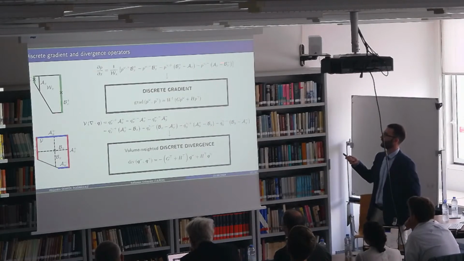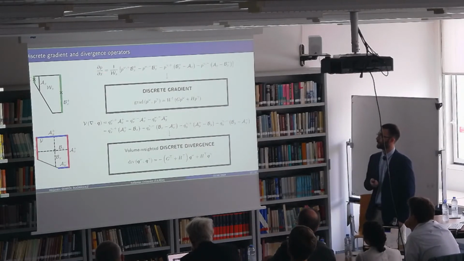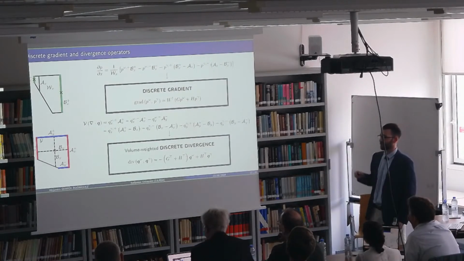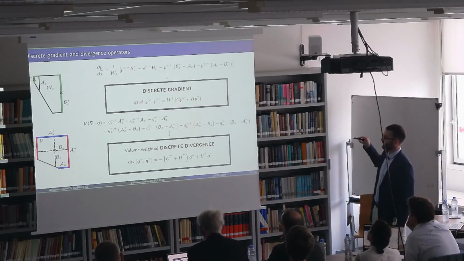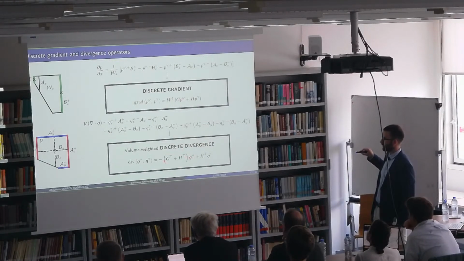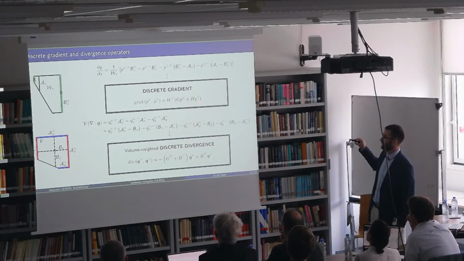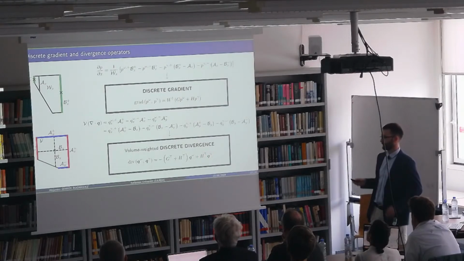So once we have the expressions for our discrete gradient and divergence, we can put them in matrix form. And the key idea here is that we have one matrix that computes the contribution from the bulk field, here for the gradient multiplying p omega, and here for the divergence multiplying q omega. And we have another matrix that computes the contribution from the boundary field, here multiplying p gamma, and here multiplying q gamma.